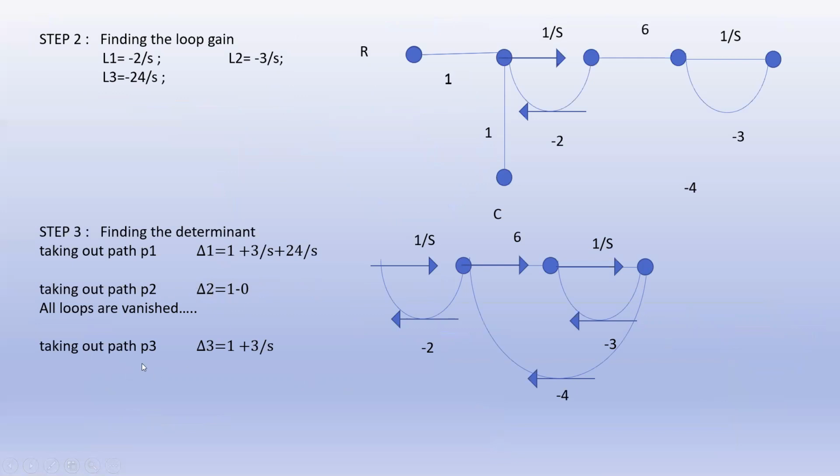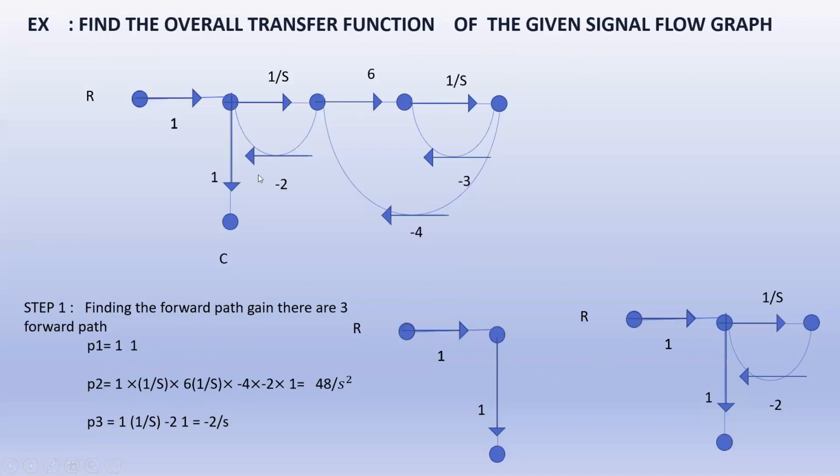And if we take this forward path P3, P3 goes through the smaller loop and comes back to the output signal. If we take out these four nodes, we are left with these two nodes. If we have only these two nodes in the signal flow graph, we can have only one possible loop.